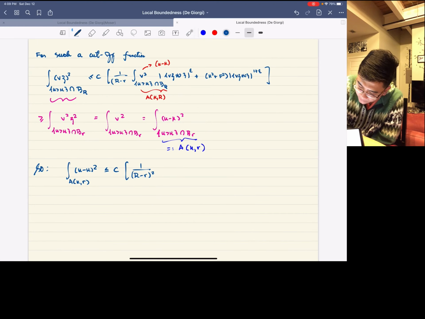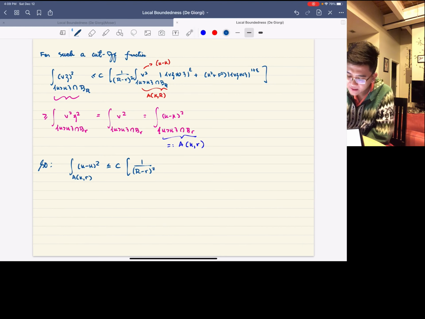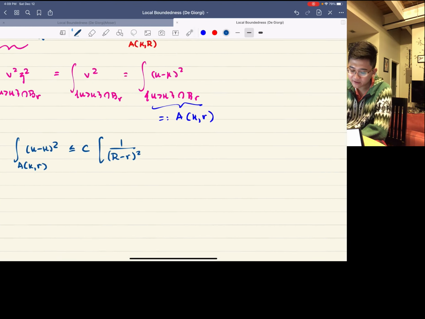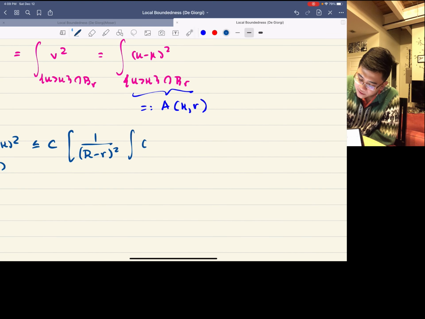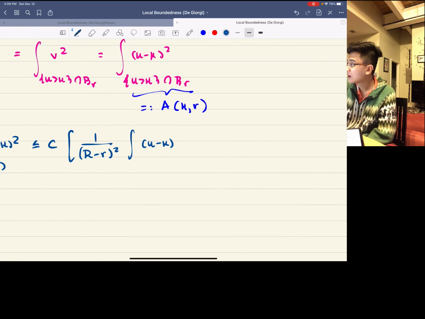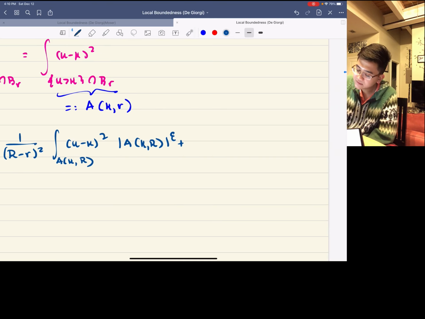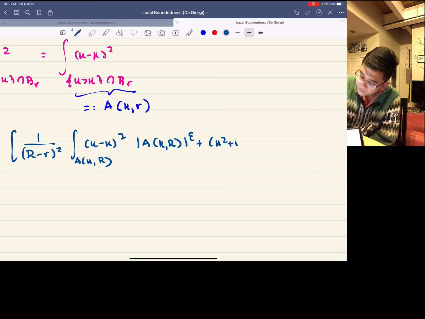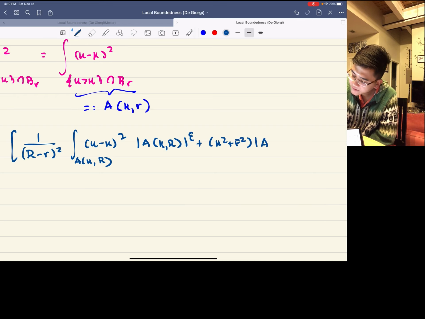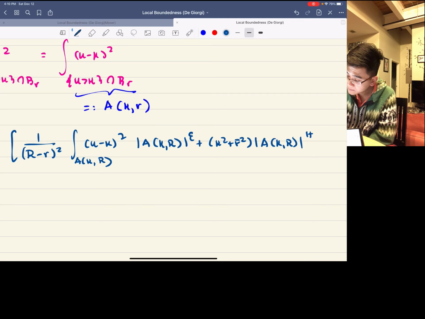Did I square it? No. It's squared because the gradient term was squared earlier. And I have here the integral of (u minus k) squared over A(k, R), times the measure of A(k, R) raised to epsilon, plus k squared plus f squared, times the measure of A(k, R) raised to 1 plus epsilon.